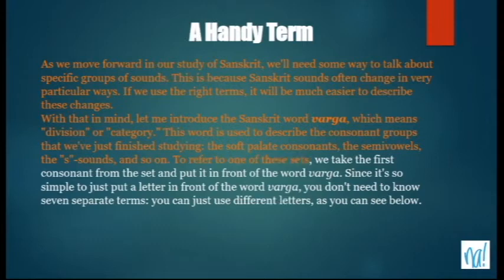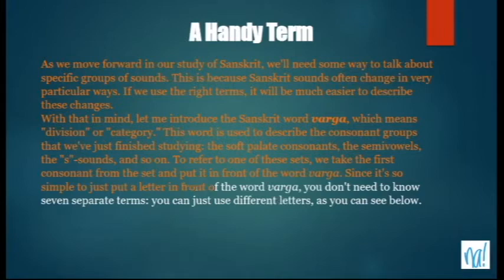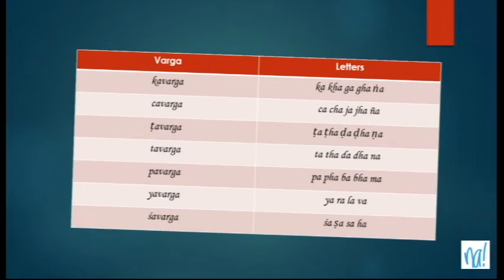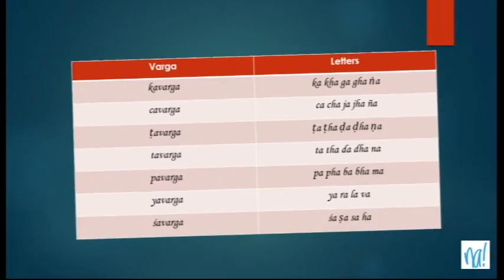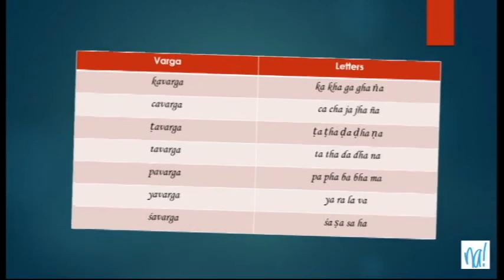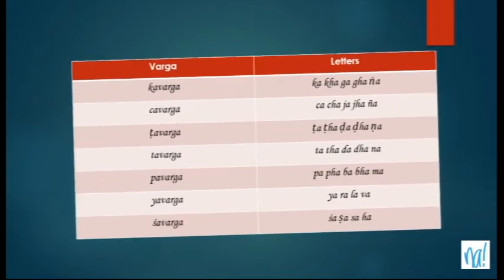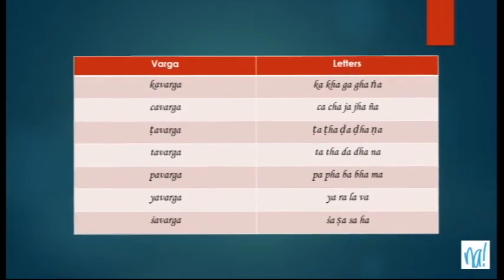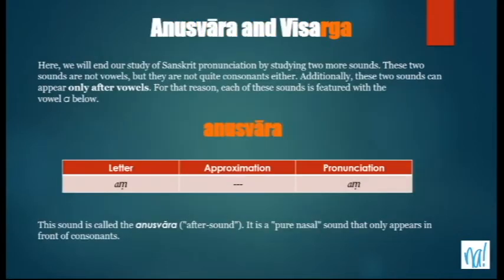To refer to one of these sets, we take the first consonant from the set and put it in front of the word varga. Since it's so simple to just put a letter in front of the word, you don't need to know 7 separate terms. You can just use different letters, as you can see below: kavarga, chavarga, ṭavarga, tavarga, pavarga, yavarga, śavarga.